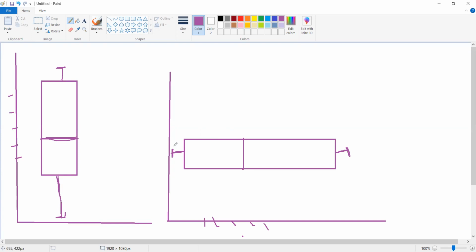So this is your Q0, or the minimum value in the data set. This is your Q1. This is your median, Q2. This is your Q3. And this is your Q4. Q0, Q1, Q2, Q3, Q4. Similarly, Q0, Q1, Q2, Q3, Q4.